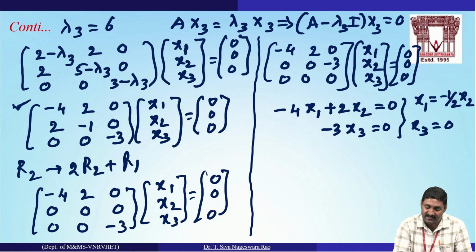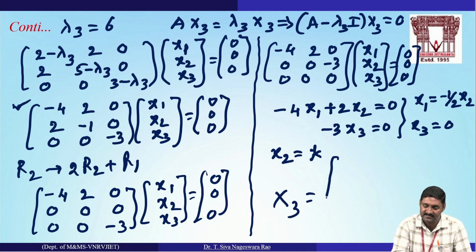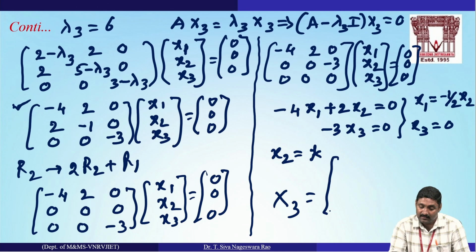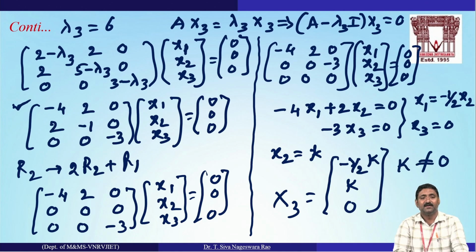Therefore, we will assign the arbitrary constant k to x2. Therefore, the third eigenvector is minus 1 by 2 k, k, 0, where k is not equal to 0.